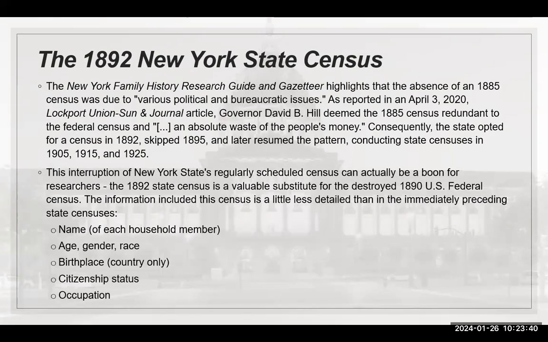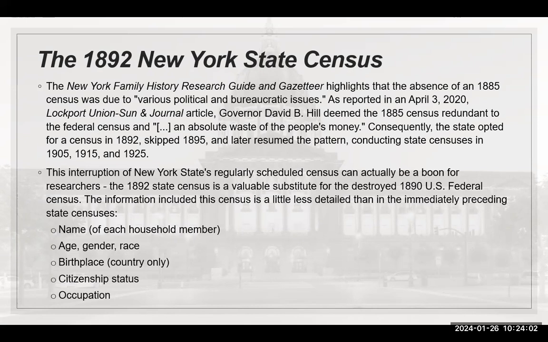The 1892 New York State Census. Now, of course, this is the fun one because we jump from 1875 and then after it, we start with 1905. And so the New York Family History Research Guide and Gazetteer highlights that the absence of an 1885 census was due to various political and bureaucratic issues.